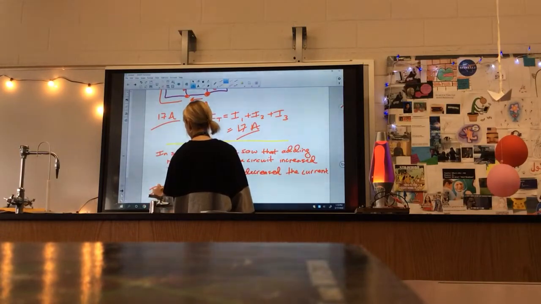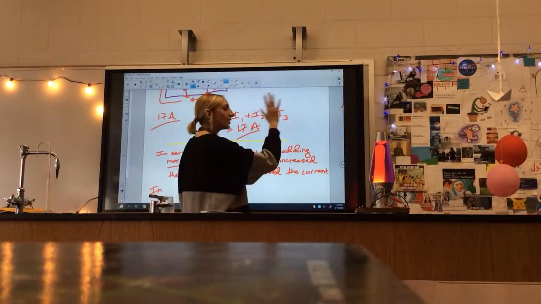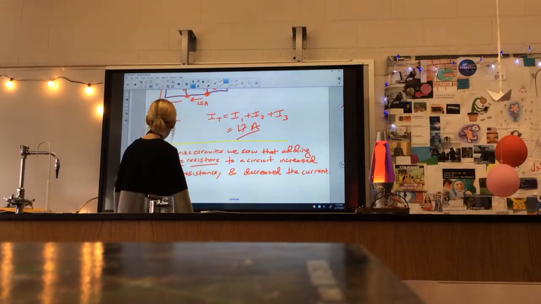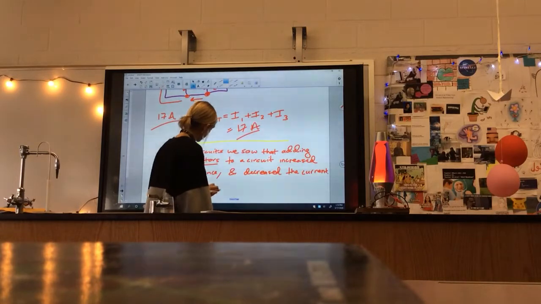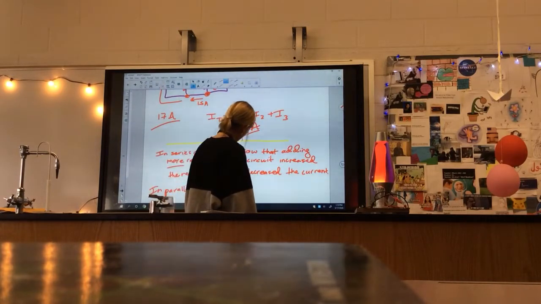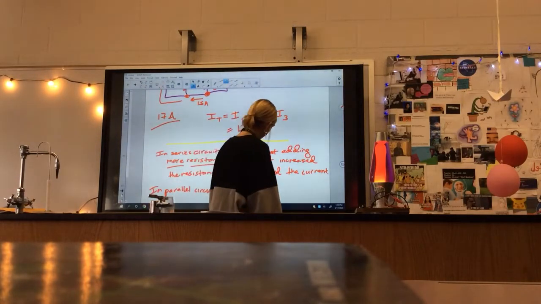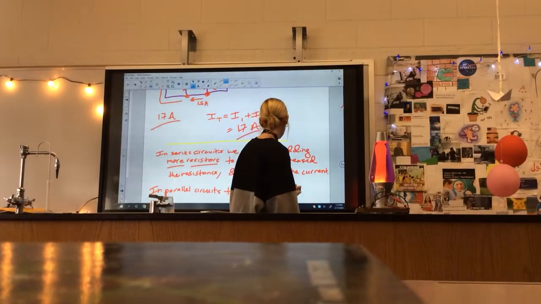In parallel circuits, the exact opposite is going to be true. So in parallel circuits, the opposite of this is going to be true.